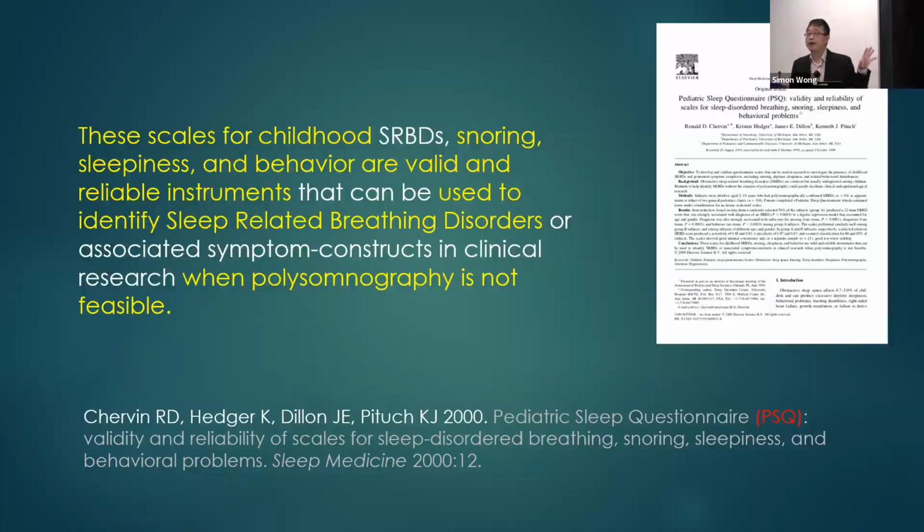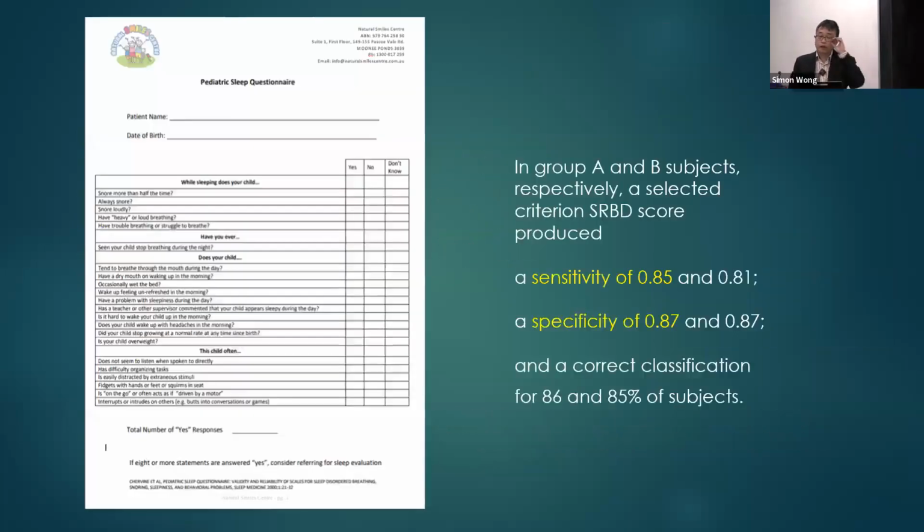This should be part of every medical intake form in every practice throughout the world. It's a very efficient way of screening for sleep disordered breathing without needing a sleep study. It's over 80% specificity and sensitivity level.